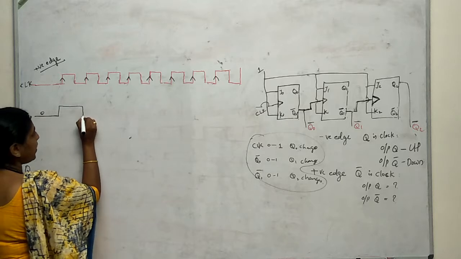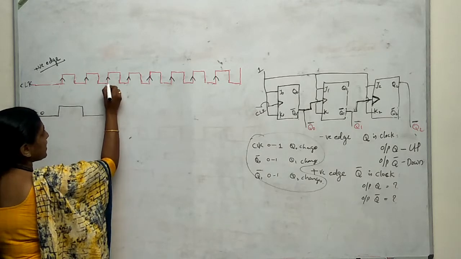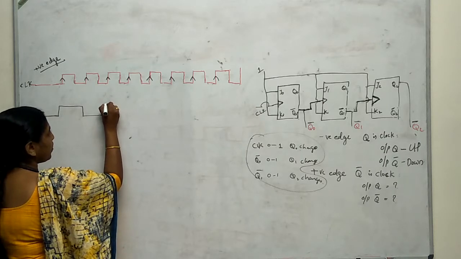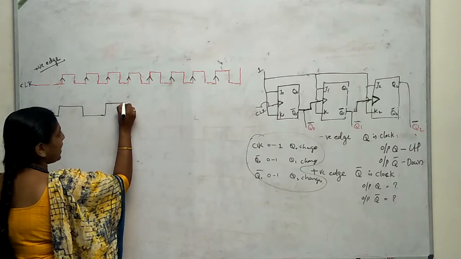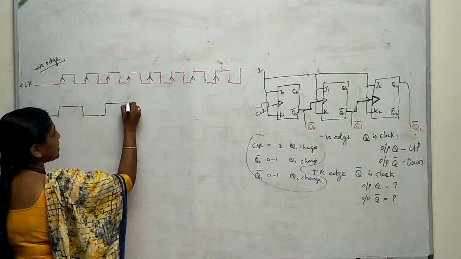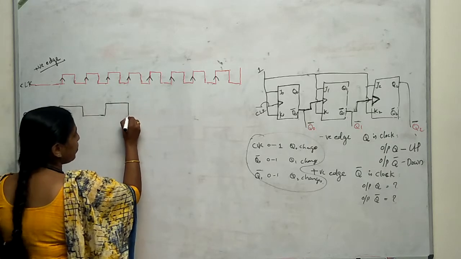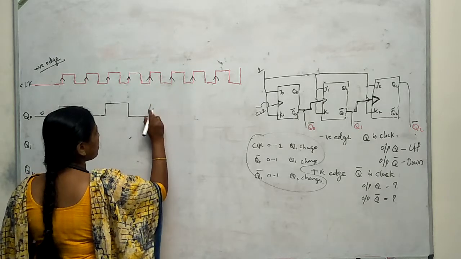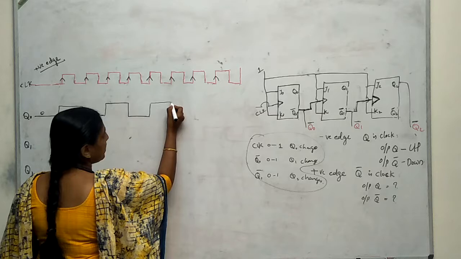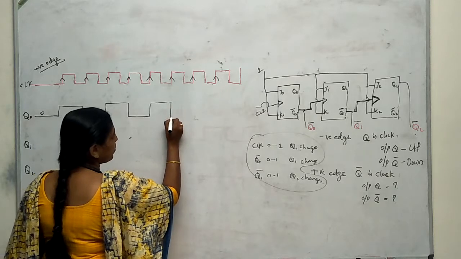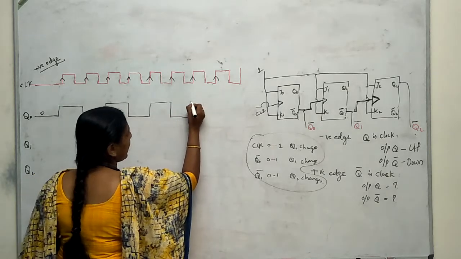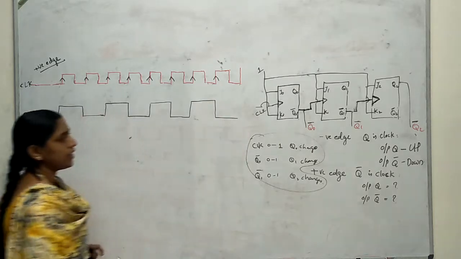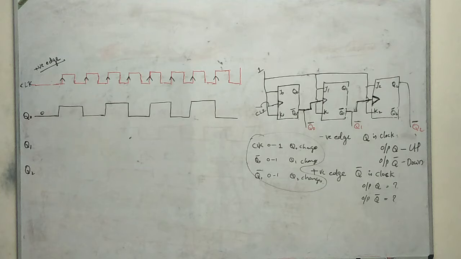Until then it is 0, and then it goes high, and remains 1 until the next 0 to 1. Again it goes to 0, goes high for the next 0 to 1, then remains 1. So this is the case with Q0.